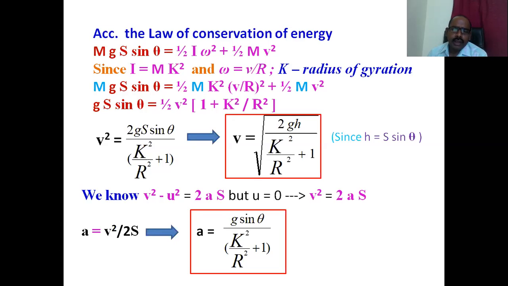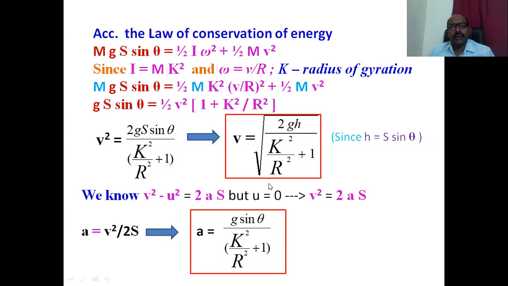From that, acceleration a is equal to v square by 2s. So in the above equation, we get g sin theta by (k square by r square plus 1). These are the equations we have derived.